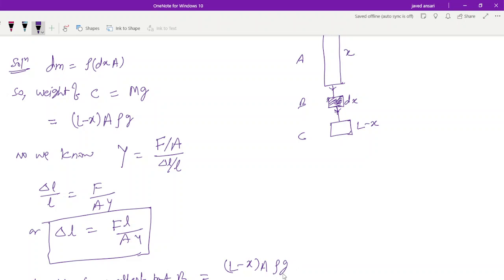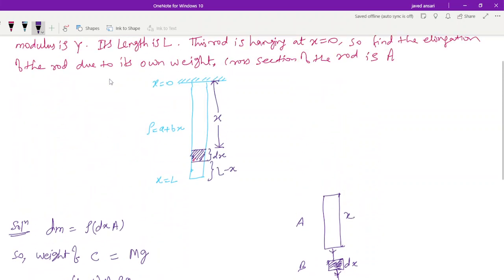This is mg divided by cross-sectional area A, and then the original length is dx, this small element, and then Young's modulus Y. You can cancel this A and A. So what it becomes is L minus x, and rho we will put the value now. Rho is how much? A plus bx.